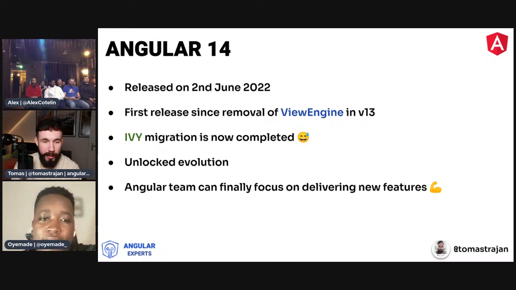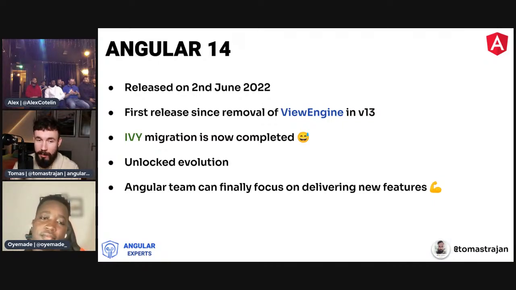Probably you are aware that behind the scenes, when we write templates, those templates are compiled into instructions which run in the background, which then update our live template with the data bindings and stuff like that. From Angular version 2 until version 12, we have been using something called View Engine.